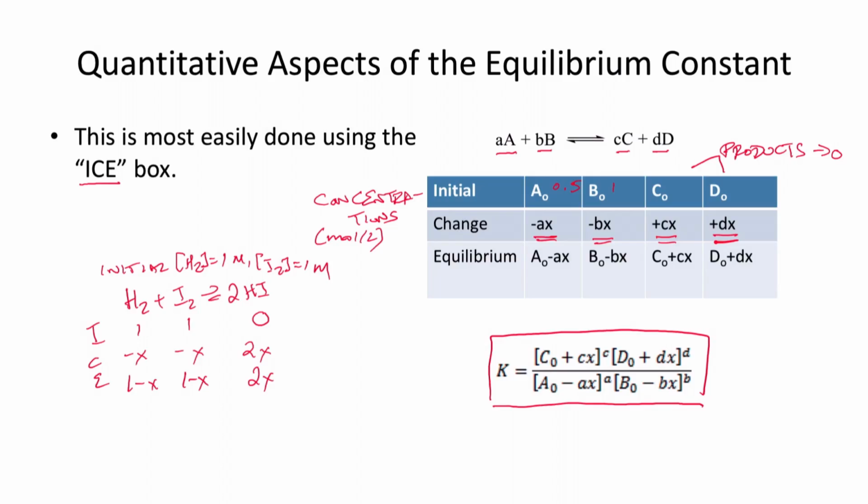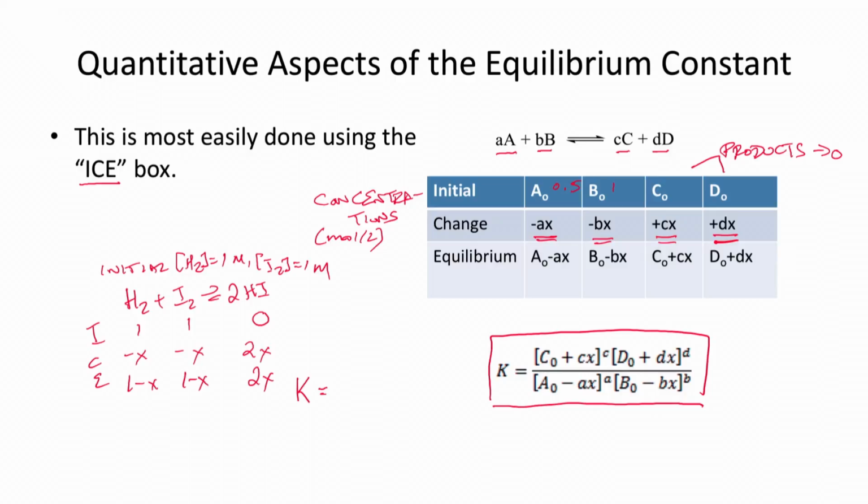Okay, and so in my general case, the equation looks a little bit like this. The equilibrium constant K is going to be (C0 plus cx) raised to the c power times (D0 plus dx) to the d, over (A0 minus ax) to the a times (B0 minus bx) to the b. It looks very disgusting, but you'll see here in this actual case, it's really not that bad.